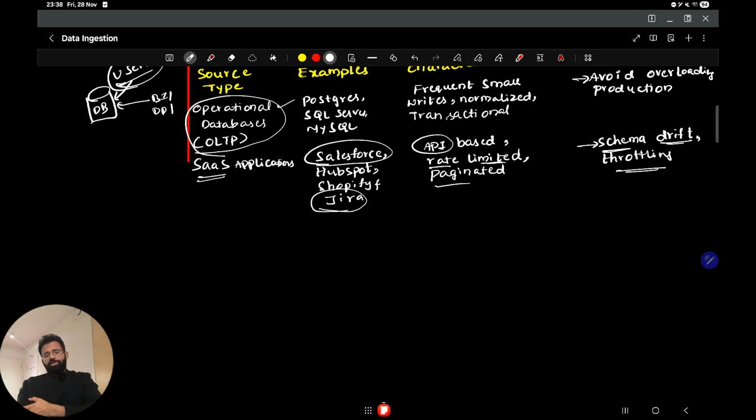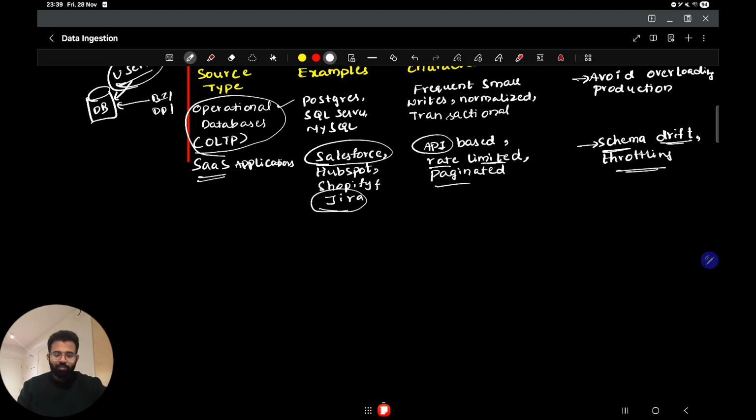Once you try to ingest it, suddenly you realize that the schema has changed and your data pipeline is breaking, and how do we handle it? So that's one of the major challenges that we need to address whenever we are talking about data ingestion from SaaS applications to the data platform.